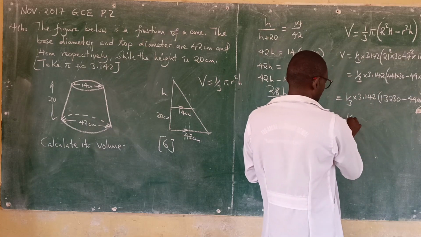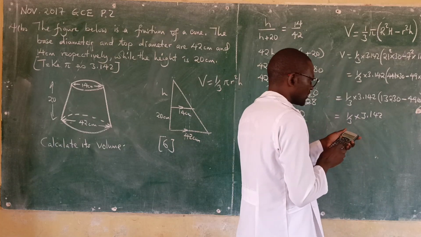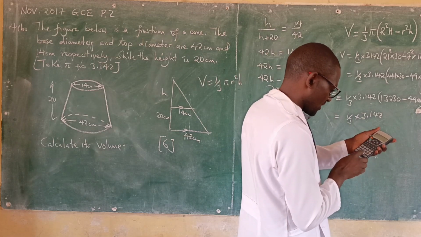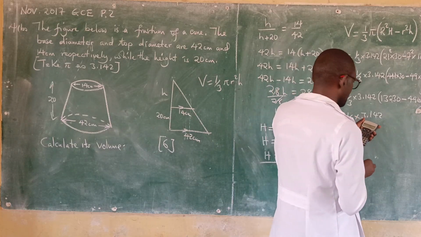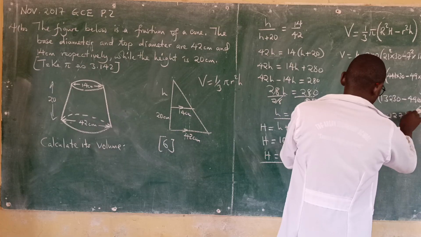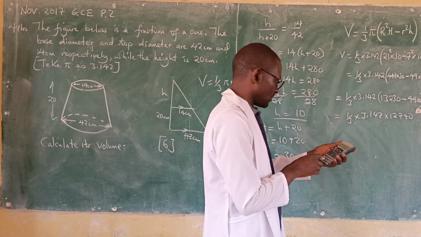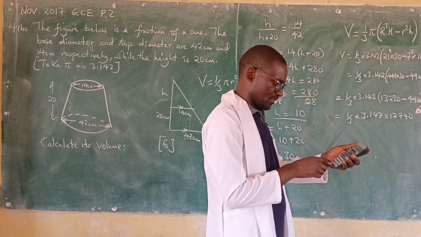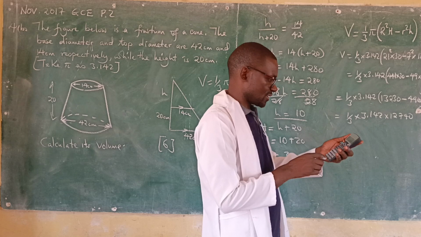So this goes all the way to that one minus 490 gives us 12,740. So 12,740, we just multiply by 3.142, and then we divide.